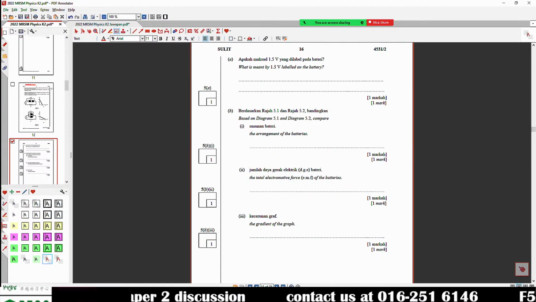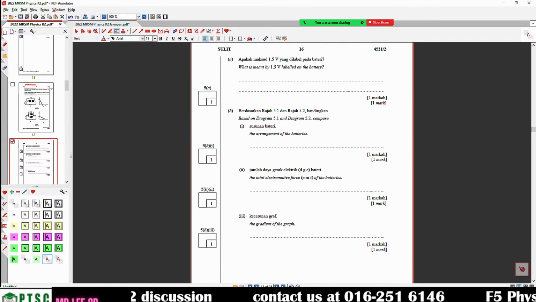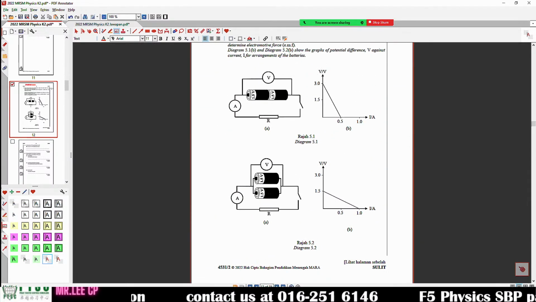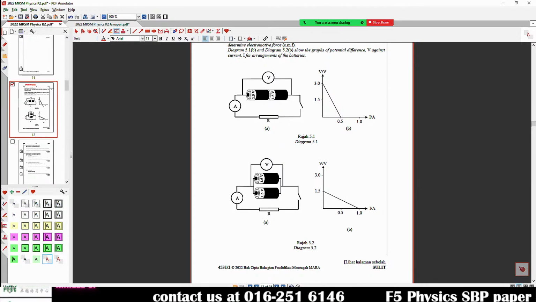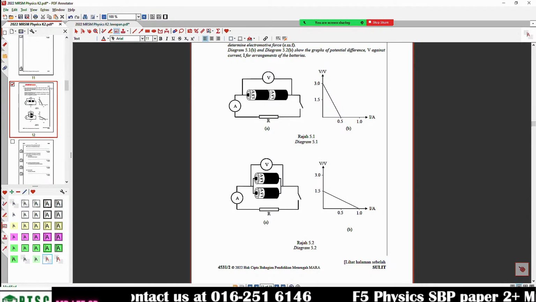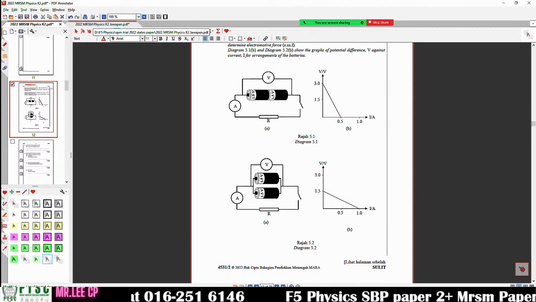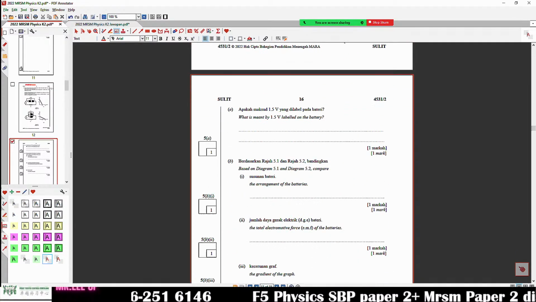And then the total EMF of the battery. This one is 1.5 plus 1.5, it is 3 volt. This one is 1.5 and this one is 1.5, same. It is still 1.5. They ask you, what are they asking you?